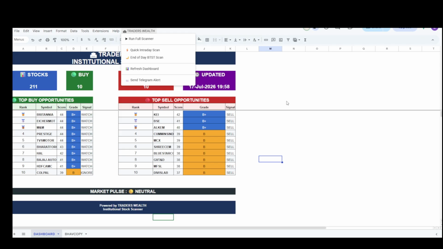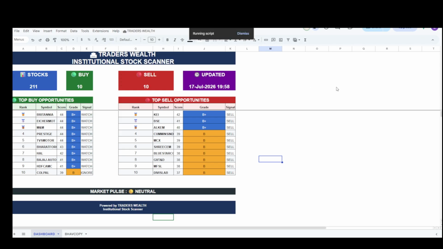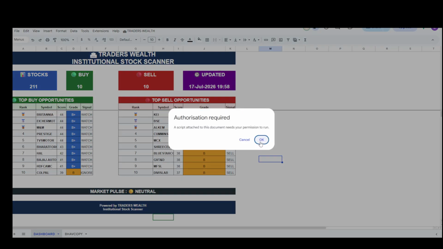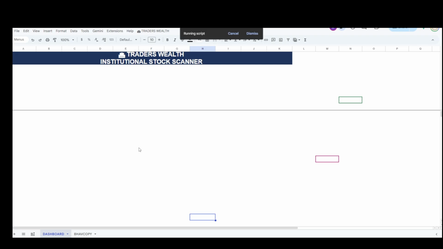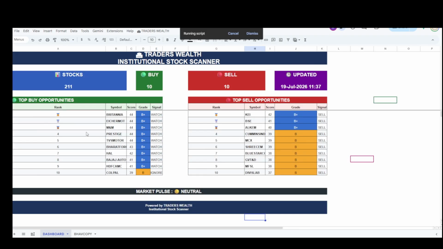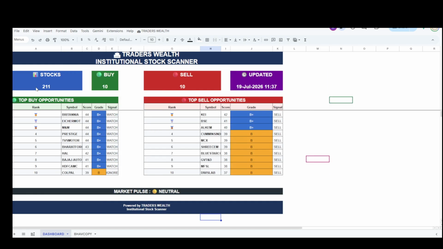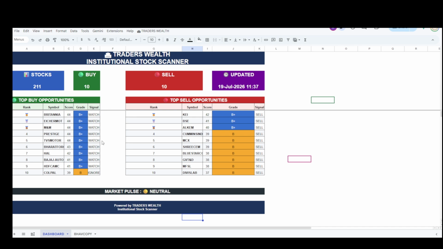So this is what I have given. I can refresh my dashboard, and you can refresh your dashboard and easily trade that. Let me open this. Okay, we can refresh this dashboard and you can use it. Once it is refreshed, it will show you the stocks that you can use for intraday as well as for swing and BTST.